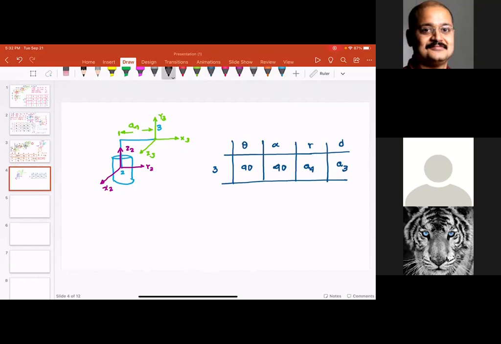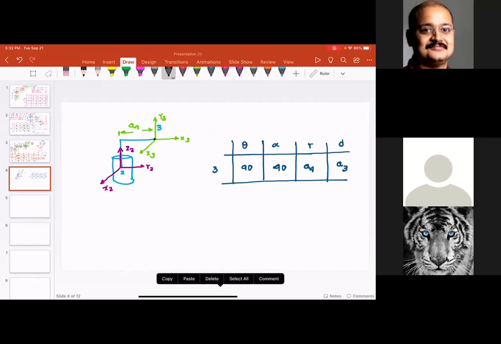But please understand, in this particular case, frame number 2 and frame number 3 are not the mirror copy of each other. I mean, they are not exactly similar. So I'm drawing frame number 3 in such a way that the dimension A4 is along the X dimension.